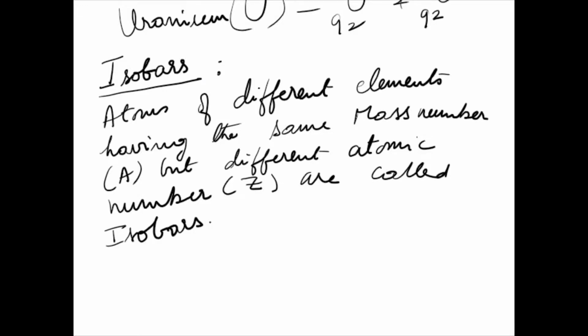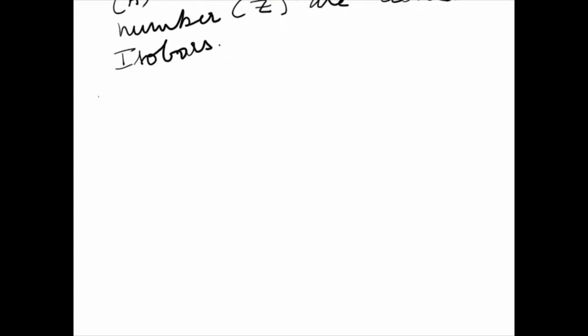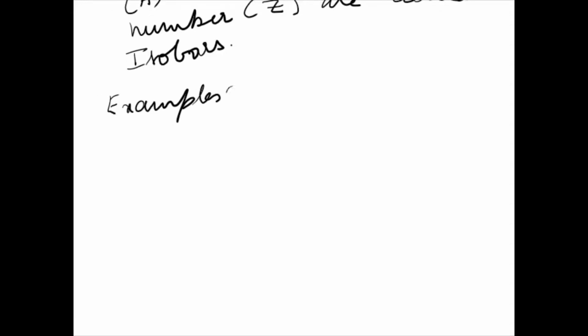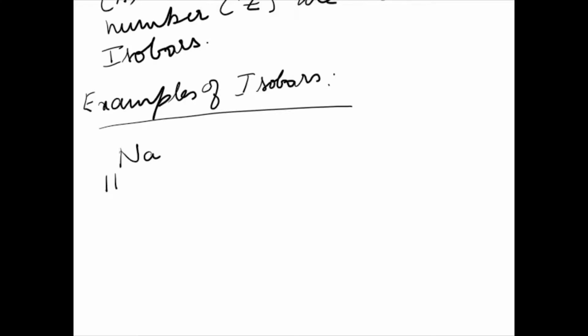Now examples of isobars. One is sodium, its atomic number is 11 and mass number is 23, and magnesium, its atomic number is 12 but mass number is 23.